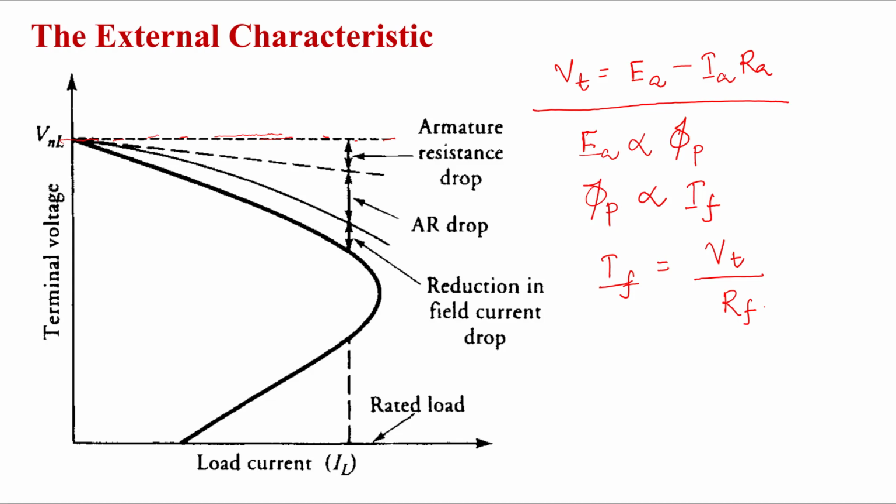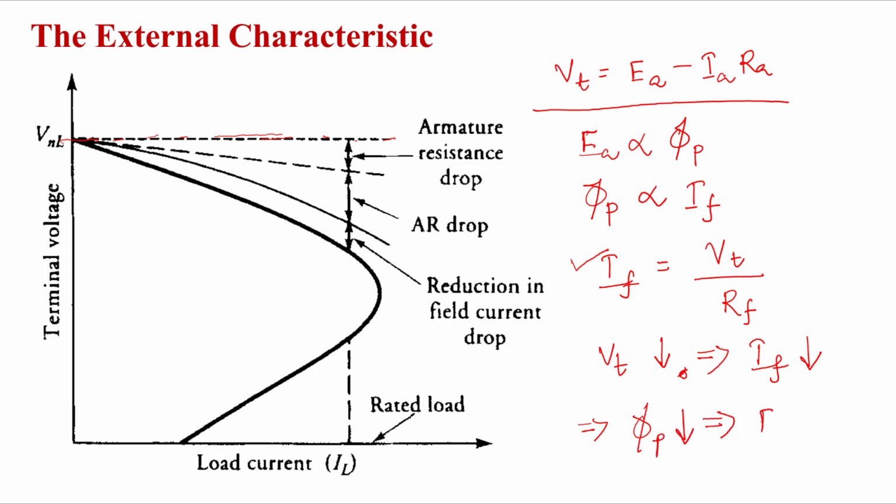Now Vt will depend upon EA minus IA RA, right? If your Vt reduces, then it will impact IF, the field current. As IF reduces, phi P will reduce.